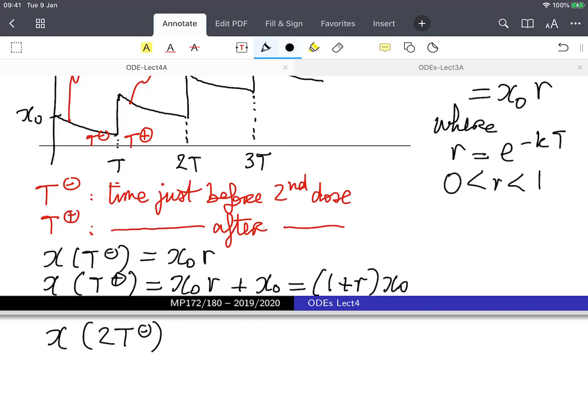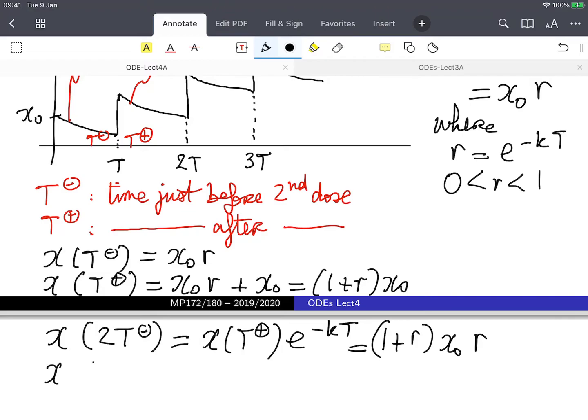So it's going to be the initial one, x at t plus, with the decay, which is exponential minus kt. And I have that above there. One plus r x0. And then that exponential, that number here, I've called it r.